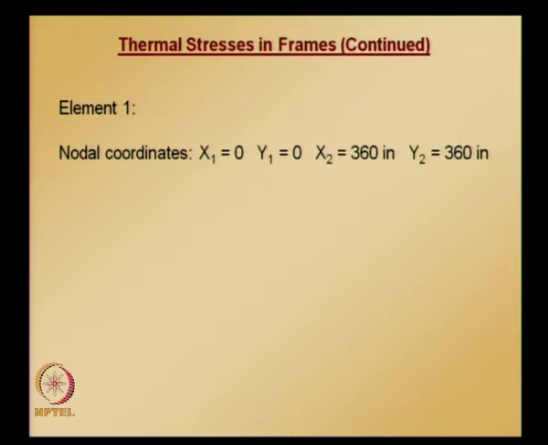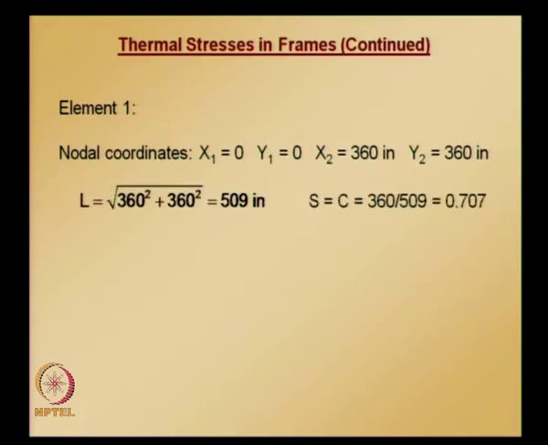So, element 1, how we can calculate element equations in the local coordinate system. We need to keep a note of what are the nodal coordinates. Once we know the nodal coordinates we can calculate the length of this element, and also direction cosines.